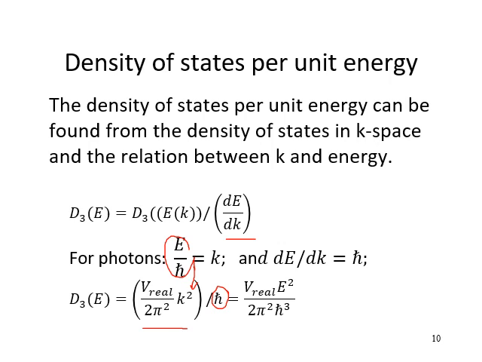So the density of states as a function of energy for a particle in a box is the real volume of the sample times the energy squared divided by the constants that come out of this conversion, 2 pi squared h bar cubed. So now we know the density of states as a function of energy.